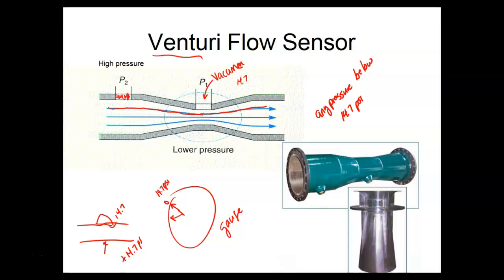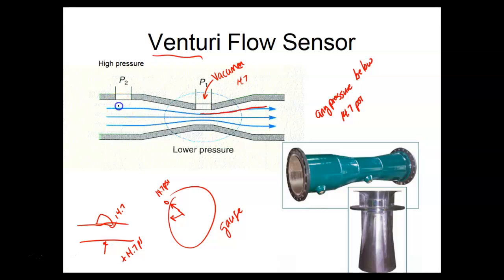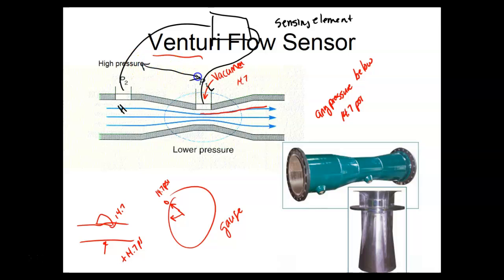But on a flow meter, we use the same thing that we did on the orifice. Over here, this would be a high pressure. This right here would be a low pressure. Then we come up here and bring this into our sensing element, which would give us a pressure differential that's proportional to the flow.